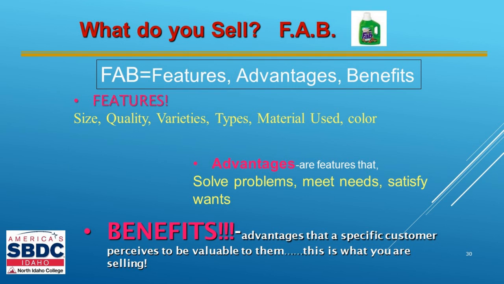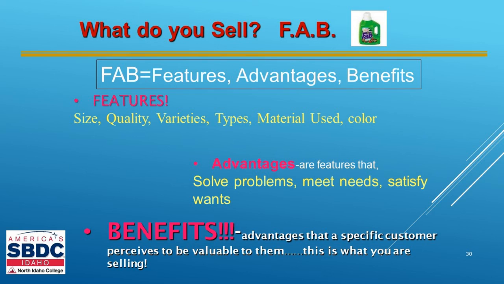Orthogonality works because of a marketing concept known as FAB, F-A-B, which stands for features, advantages, and benefits. As you can see from the graphic, features talk about the size, the quality, the varieties, the types of material used, and the color of something.